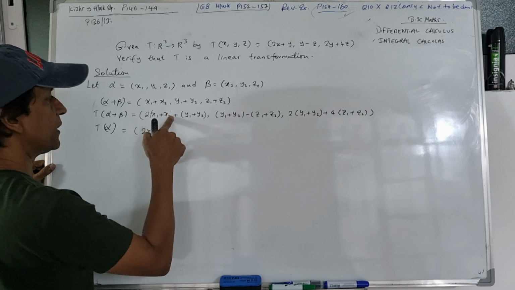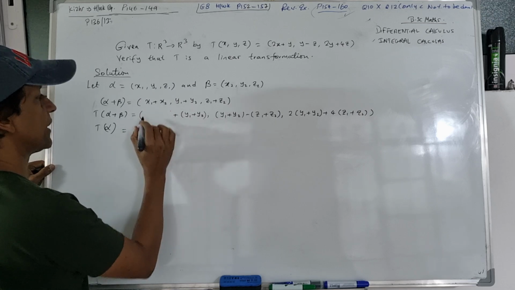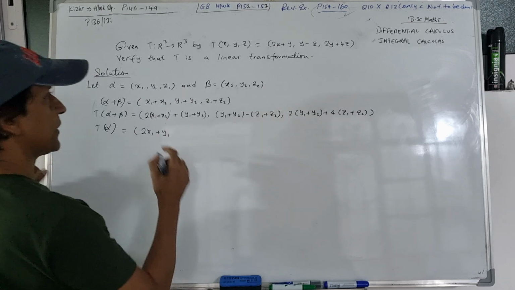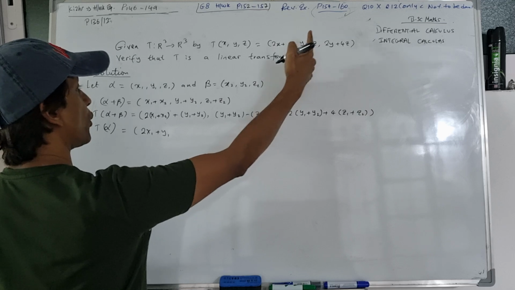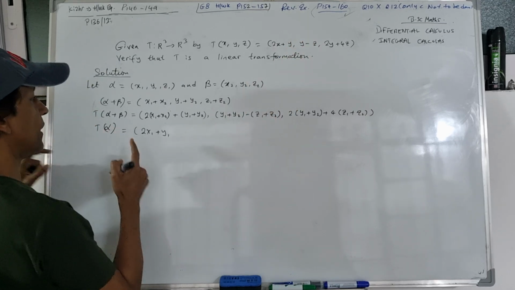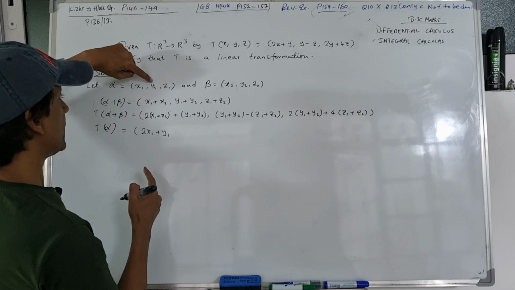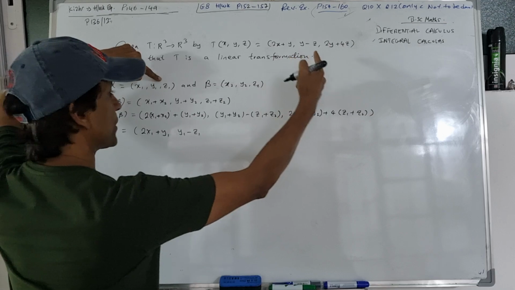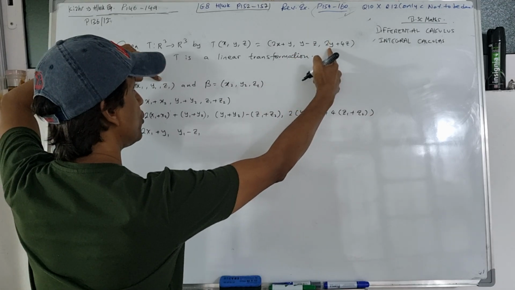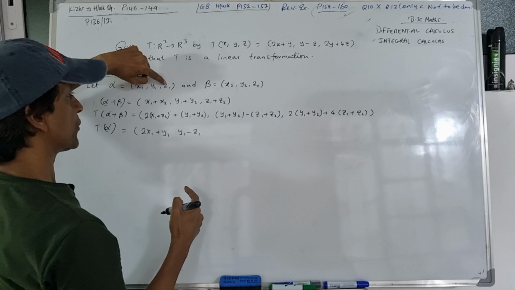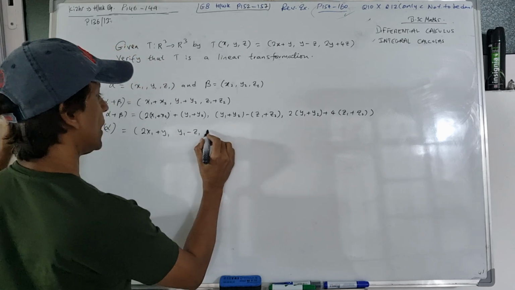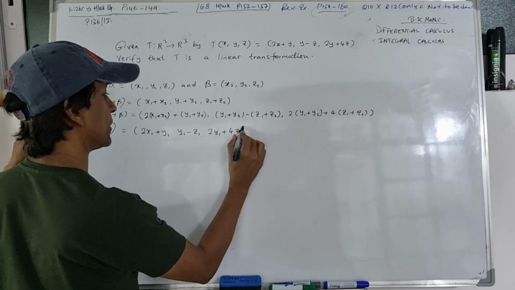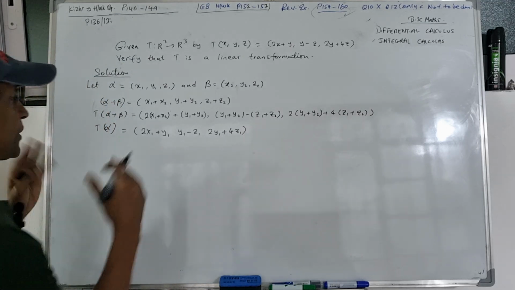Then my second element is y minus z, so y1 minus z1. Then for the third I've got 2y1 plus 4z1. Those are my coordinates after being transformed.